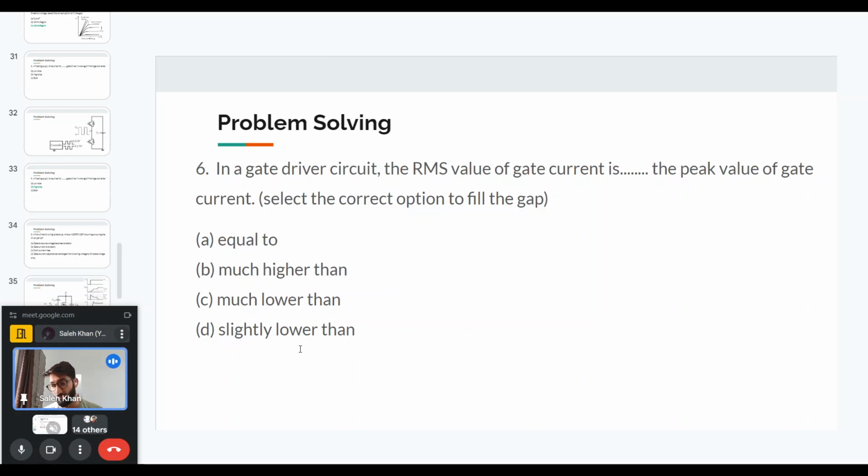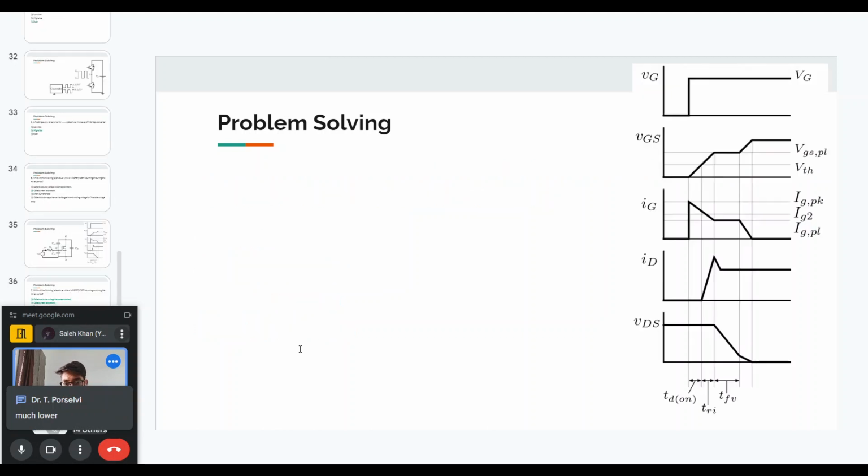So this we actually did not talk about yet in the session, but it was covered in the course. Basically you're talking about the RMS value of the gate current. Yes, so if we see, this is the gate current, and as we saw, the IG peak is given by the peak of VG divided by RG.